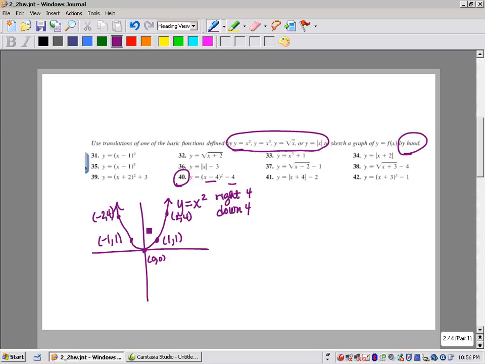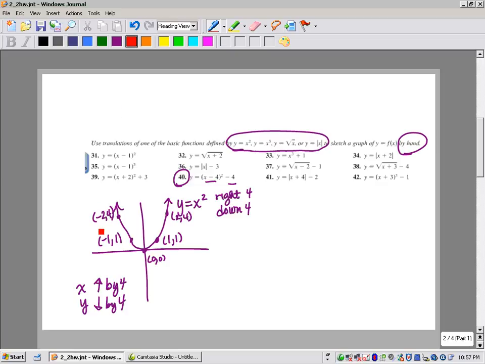So what we have to do is increase every value of x by 4. That's what happens when we move to the right. We get larger in the x direction. And to go down by 4 means the y values are going to decrease by 4. You can do that either counting, or you can do it algebraically.